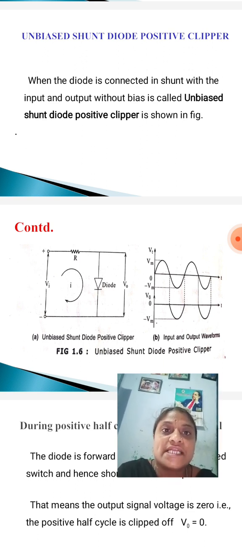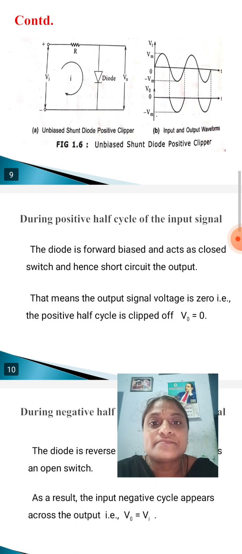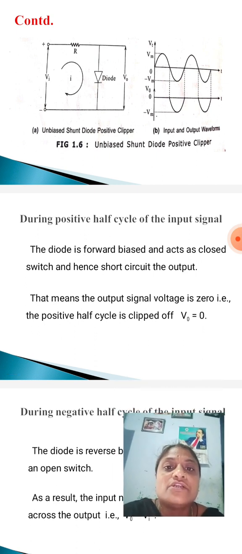When the diode is connected in shunt with the input and output without bias, it is called an unbiased shunt diode positive clipper, as shown in this figure. See this figure, during the positive half cycle of the input signal.